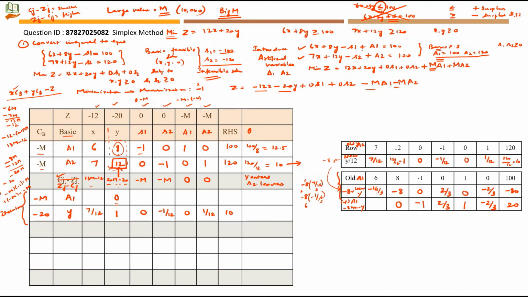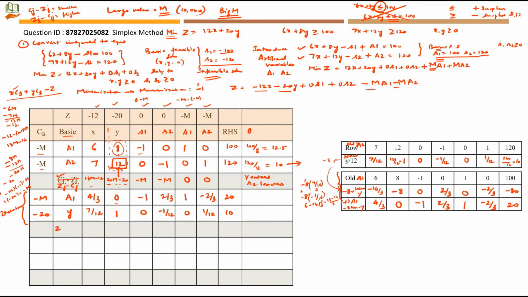So 6 minus 14 by 3: 6 into 3 is 18, 18 minus 14 by 3 will give 4 by 3. So this is my new A1 row. It is 4 by 3. I am placing here 0, then minus 1, then 2 by 3, then 1, then minus 2 by 3, then we have 20 here.